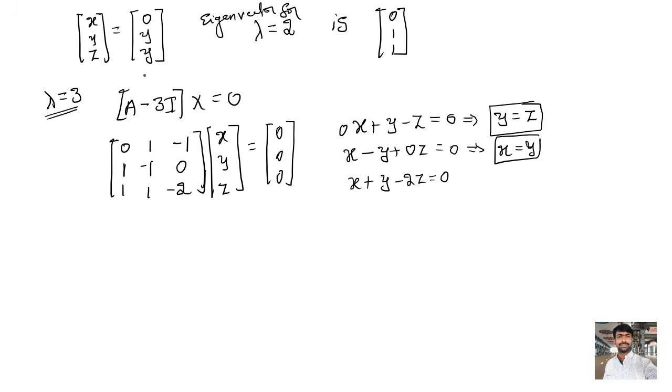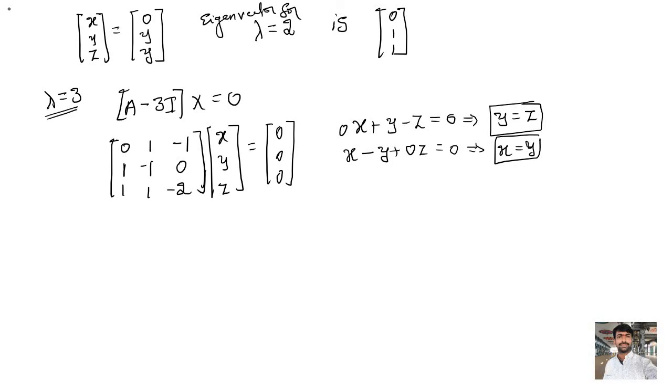Suppose if you substitute y equal to z and x equal to y, here what do we get? We get y plus y minus 2y, which becomes 0. Okay, so there is no importance for the third row here. So you can simply forget about it. So let us write the solution here.